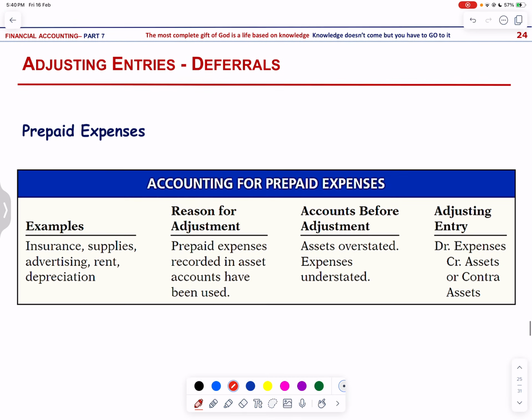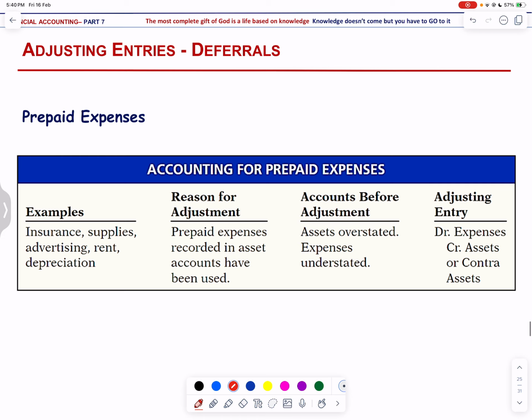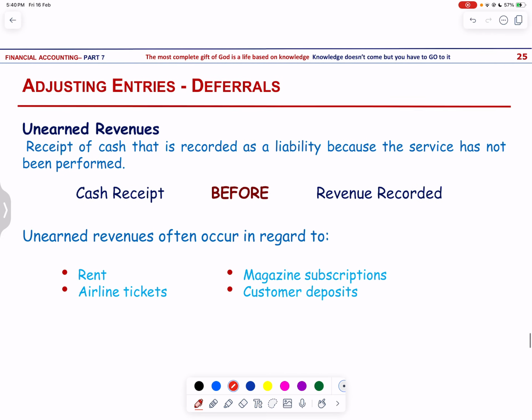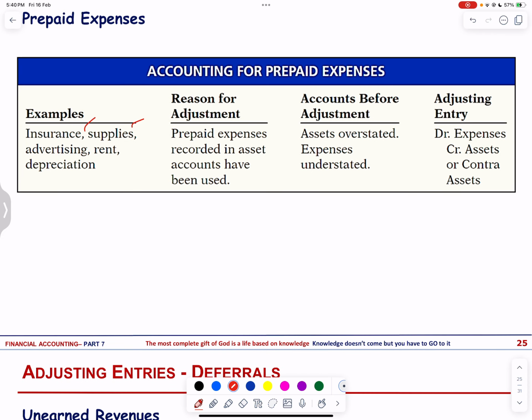So if we summarize prepaid expenses, these are examples like insurance, supplies, advertising, rent, depreciation. In all these cases, we are going to pay in advance, and the reason for adjustment is that prepaid expenses recorded in asset accounts have been used. So assets are overstated, expenses are understated.